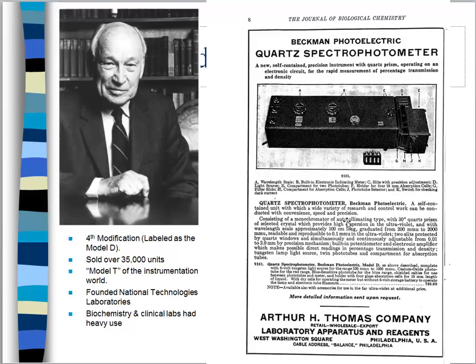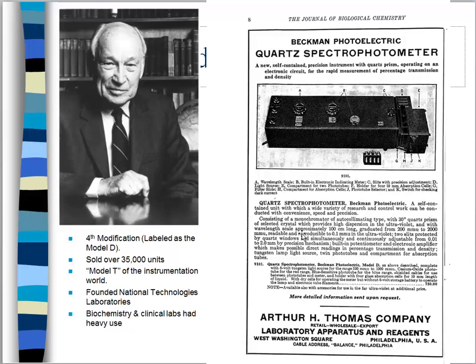It gives you a little bit of the background about the instrument and what it can do. And they called this the Model D. The reason is because they had 3 other versions of this instrument before it became mainstream: Model A, Model B, Model C, and then finally we get the Model D of the spectrometer.